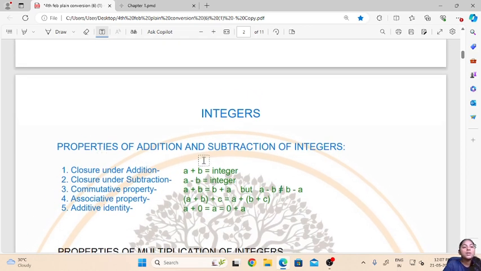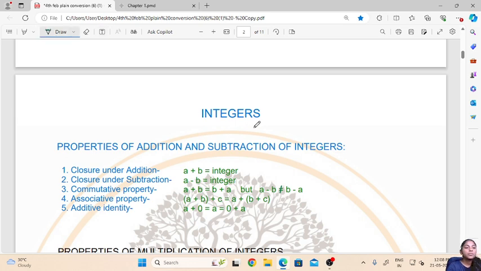The first property that we saw was closure under addition. According to this property, for any integers a and b, the sum of the two integers is always an integer.